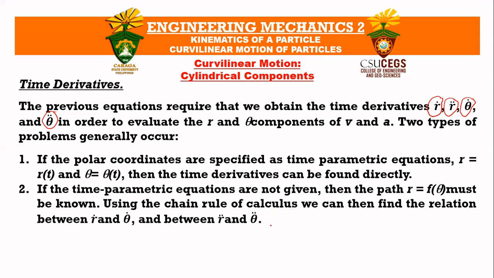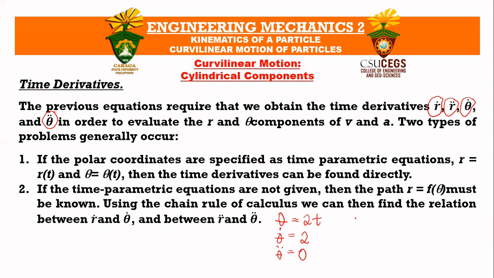So just as an example, if you have a time parametric equation for the angle theta, to determine the first and second derivative, we can determine its derivatives with respect to time directly. So the time derivatives can be found directly. So this first derivative will be 2, and the second derivative would be 0.